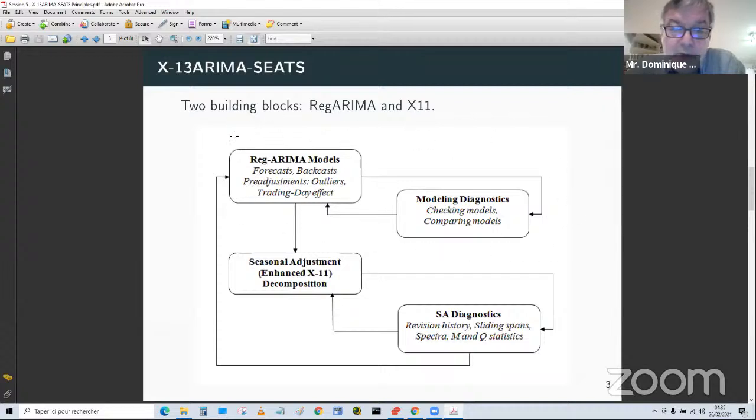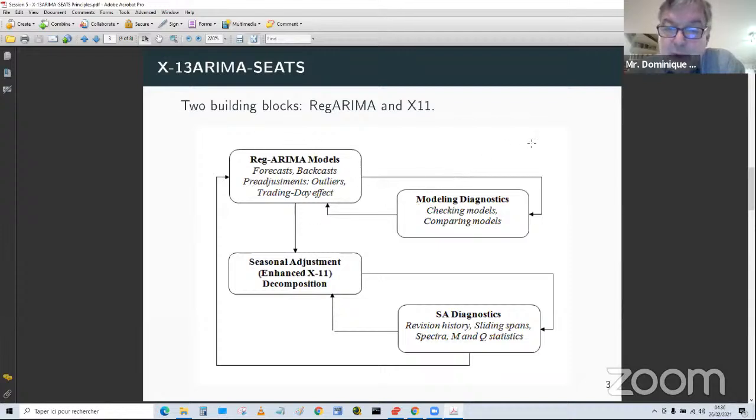We are going to use regression analysis with ARIMA errors to estimate the outliers, to estimate the trading day effect, and to do some forecast and backcast of a series to be able to use symmetric moving averages as much as we can. And you have, of course, a lot of diagnostics to judge the quality of this model.